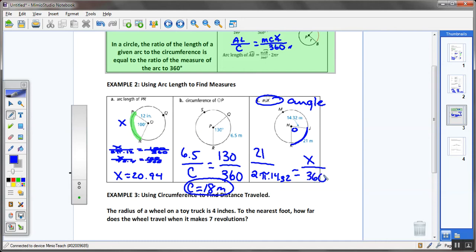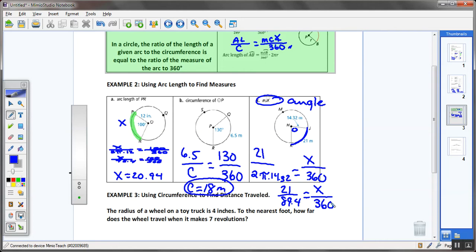All right, I need somebody to punch that in. 2 times pi times 14.32 for me. 89.4. Okay, so 21 is to 89.4 as that angle is to 360. So what are you going to do to solve for that angle? Cross multiply and divide by 89.4.